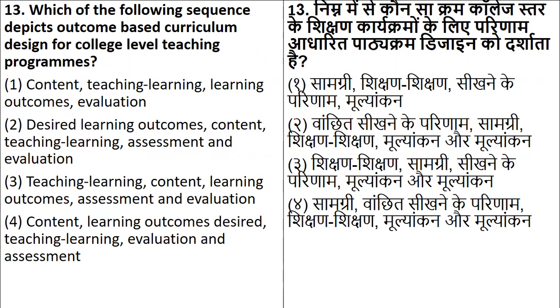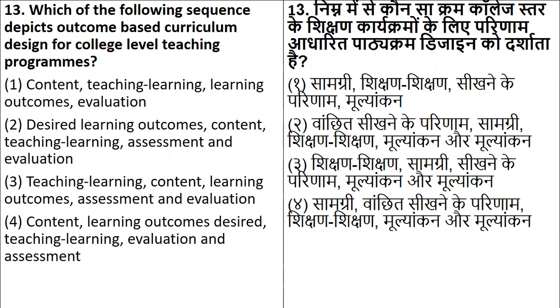Which of the following sequence? So they have given certain sequences. Now in these sequences, you have to find out the outcome-based curriculum, which is designed for college level teaching. So here you have to ensure that the outcome is impactful for college level teaching.